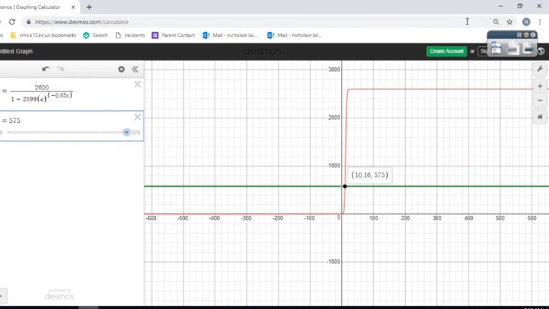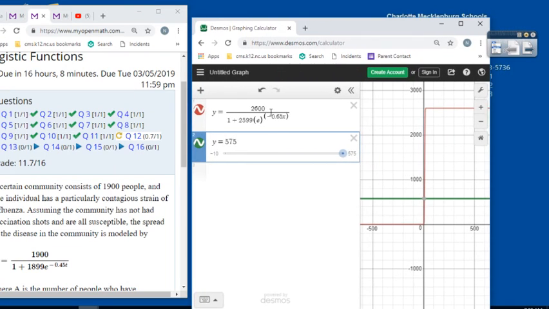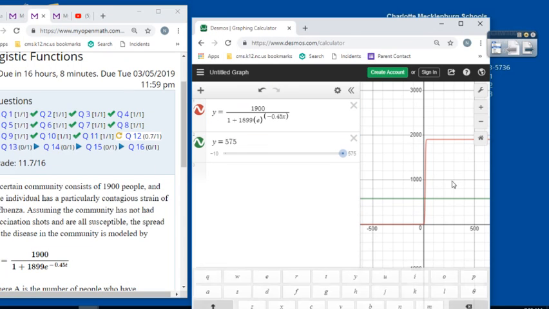In Desmos, alter our graph so that the carrying capacity is 1,900. Our coefficient is 1,899 times e to the negative 0.45x.